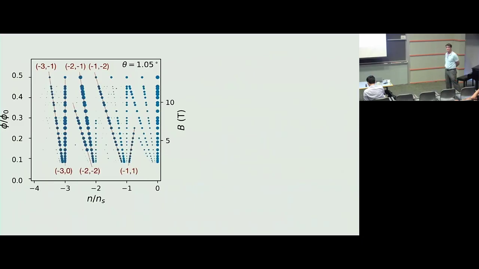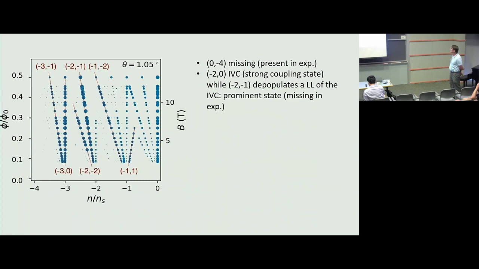And that is not observed in the experiment. We understand this as a Landau quantization of the strong coupling spectrum. So, in particular, the 0-4 line here, which was present in the earlier calculations that I showed you at larger twist angle, is missing, although it is present in the experiments.